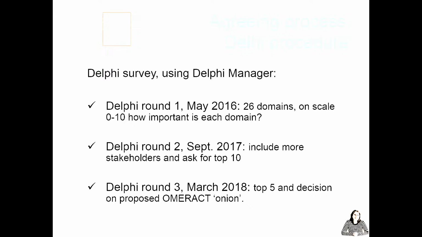So there was a second round of Delphi, which was in September 2017. This time we included healthcare providers and caregivers as well. And what we did was ask people to pick their top 10 of most important domains out of the 26. And in the later stage, to prioritize those 10 domains from 1 being the most important to 10.